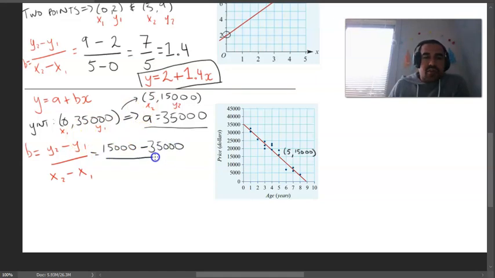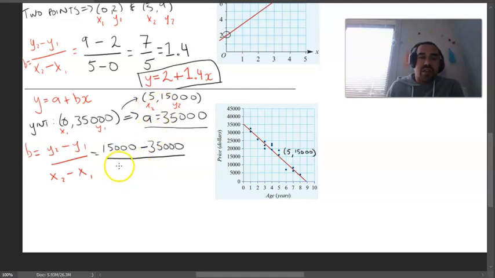Now, I've noticed that a few people, when we're talking to people in the chat, they said they get into the habit of getting the biggest number and subtracting the smallest number, regardless of the positions. We expect this to be a negative. By definition, it has to be a negative because the graph is going from left to right. This answer will yield a negative, and if it does, the bottom answer can't. It has to be a positive.